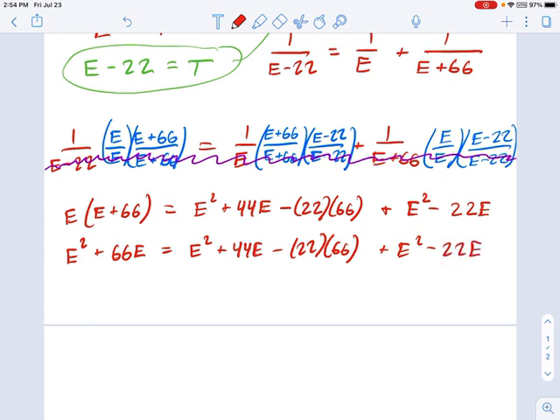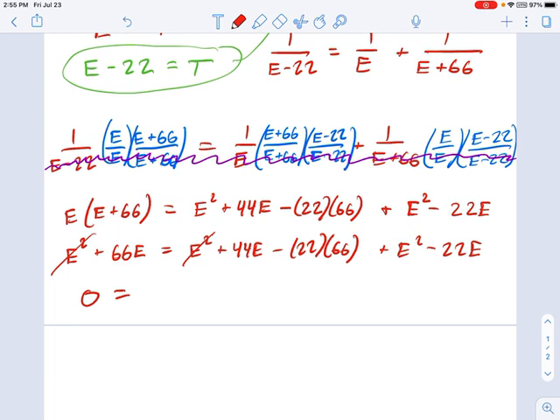Now I want to combine everything. You see I have an equation here with E squared terms and regular E terms. So let's move it all over onto one side and leave 0 on the other. So my E squared cancels out with that. And I have 66E over here with negative 22E over there. So I'm going to move the 66 over.